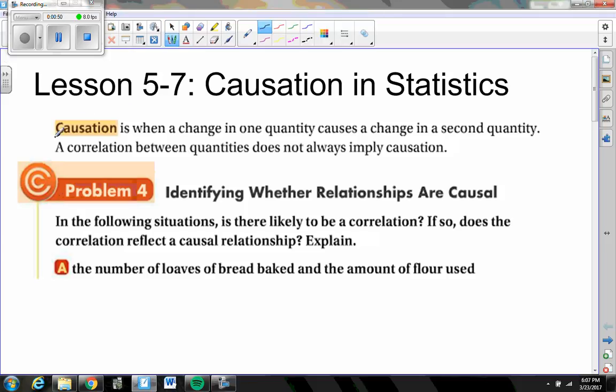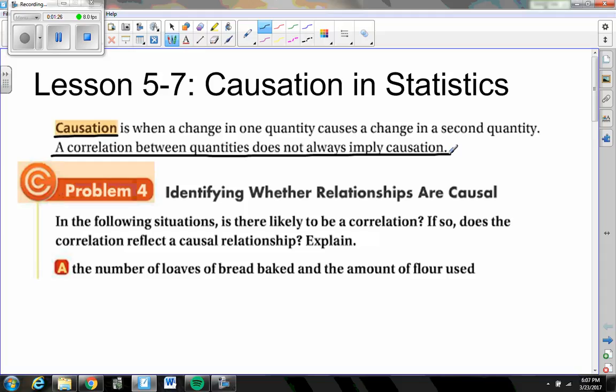Specifically, we're going to look at this idea of causation. This is when a change in one of your variables specifically and intentionally causes the change in the other variable, or in a second quantity, okay? The key for you to remember is that sometimes there is a correlation between two quantities, either positive or negative on our scatter plot, but that does not always mean that the relationship is causational.